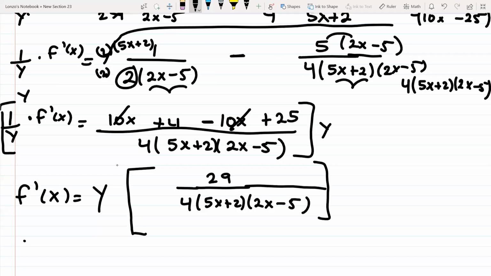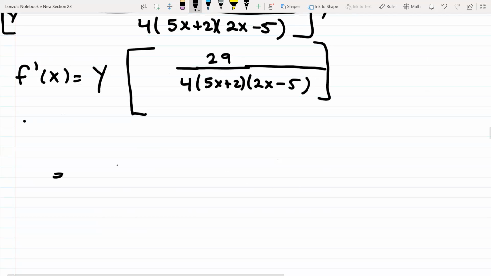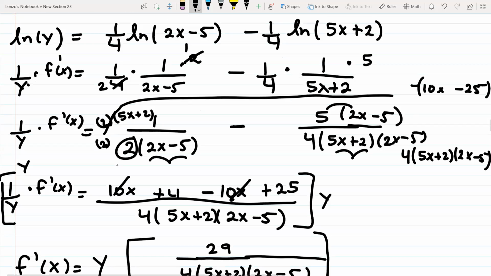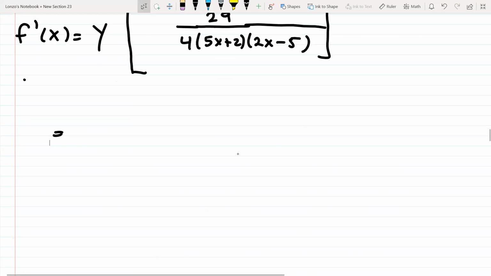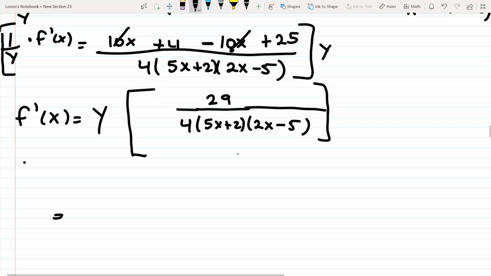Okay, and then the last step would be to replace y with our original problem. So what was our y? It was this whole thing. Oh, wait, we have a 4 here, so I could just take that out.